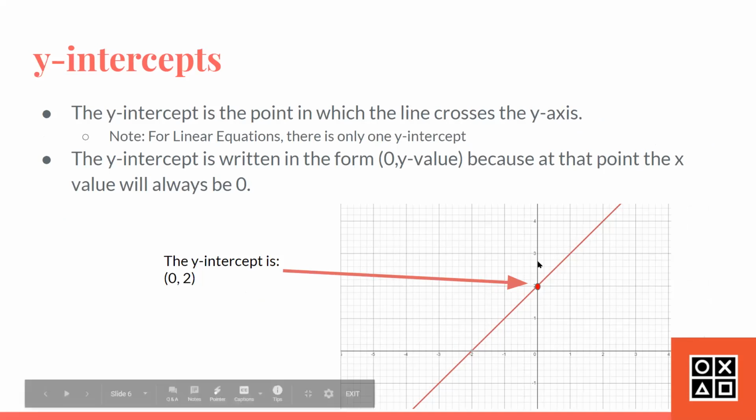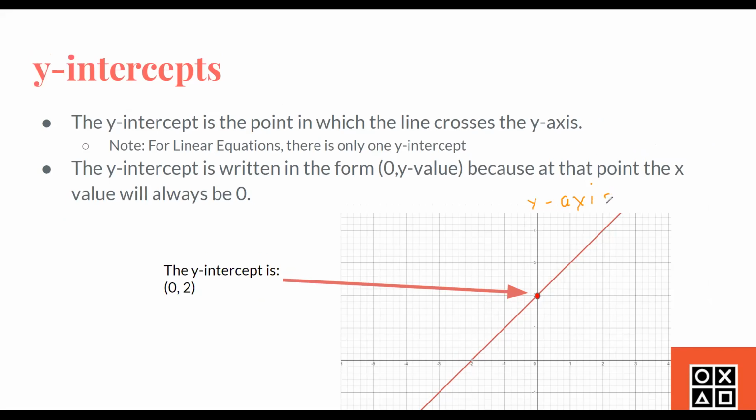So this is the y-axis right here. I'll annotate. And this is the line right here, and they're intersecting at this point, which is called the y-intercept. The coordinates for this are (0, 2).